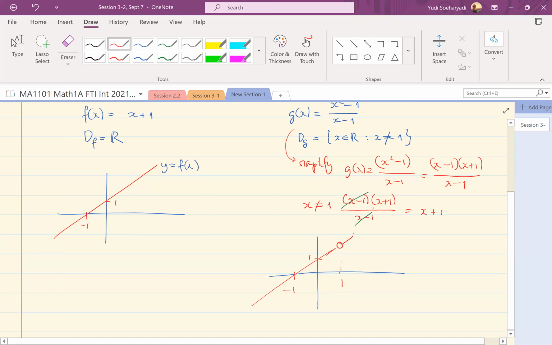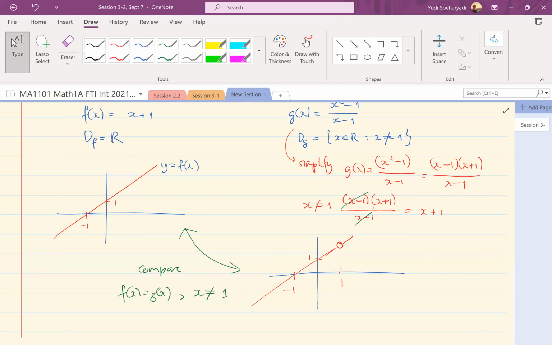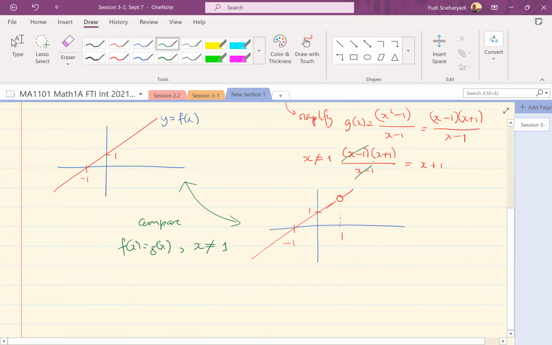Okay, so you see that f and g are the same except at x equals 1, for which g is not defined. Okay, so you compare for everything except 1. All right. So we see that everything's the same except this one.